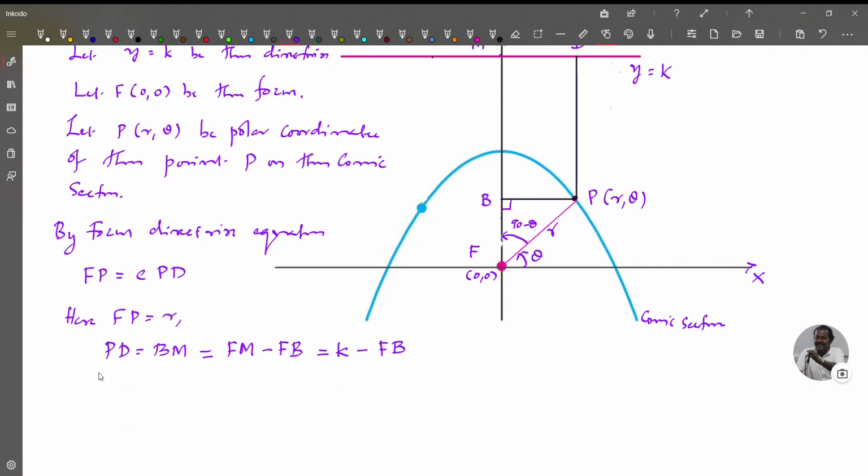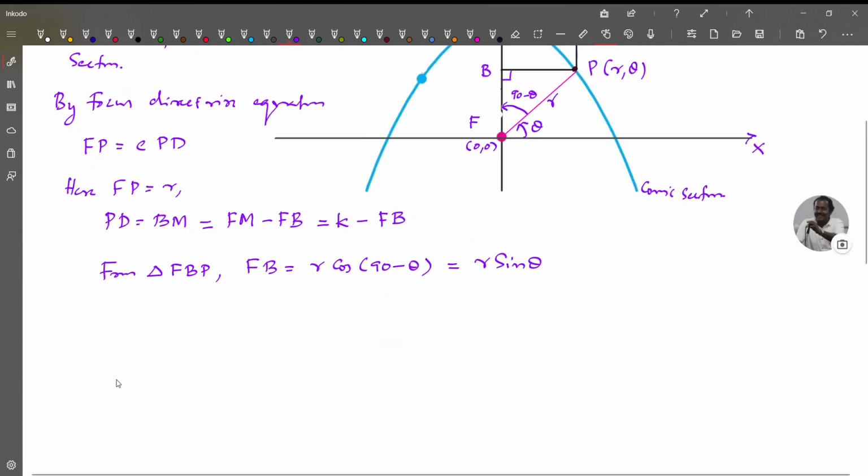So from triangle FBP, FB equal to R cos 90 minus theta. So this is R sin theta. Therefore PD equal to K minus R sin theta.